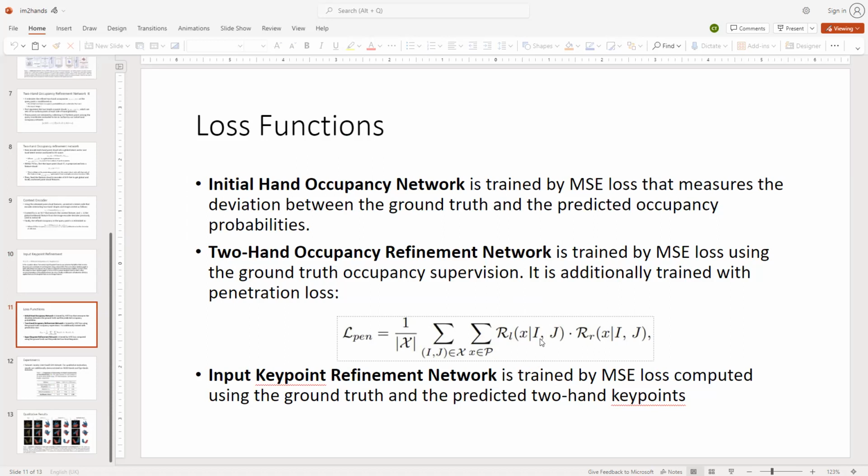That would imply that the model predicts that at a particular query point, both hands are occupying a space with a probability of more than half. The penetration loss is intended to penalize that. And the input key point refinement network is also just trained by an MSE loss using the ground truth and predicted two-hand key points.